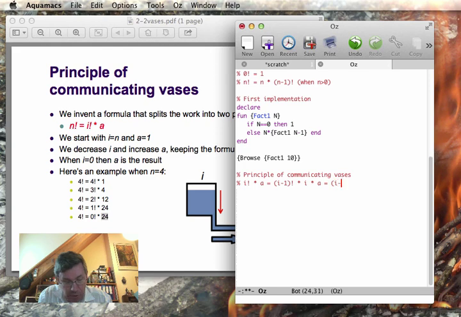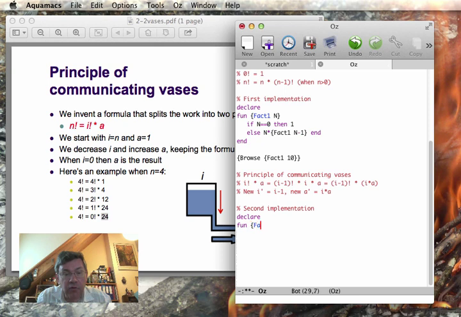And this gives me i minus 1 factorial times i times a. So if we look carefully, we can see there's actually a new i, which I call i prime, which is equal to i minus 1, and a new a, which I call a prime, which is i times a. With this, we can now make a second implementation.